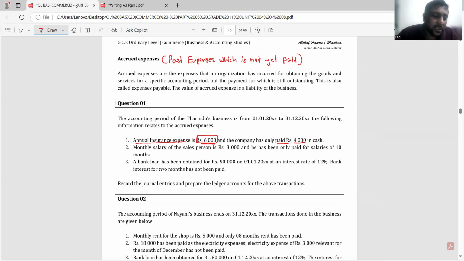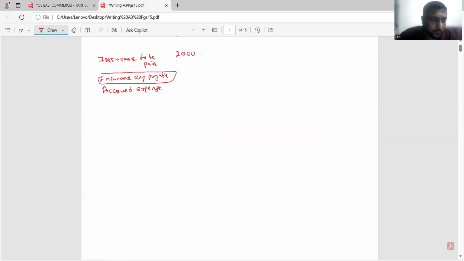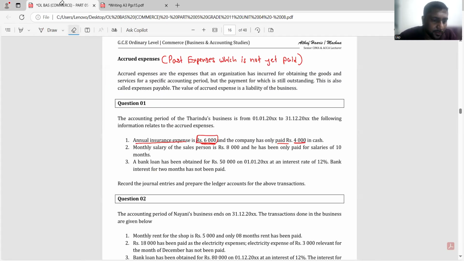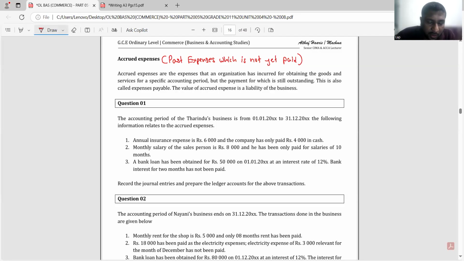So here in this question, what are they asking? Record the journal entries and prepare the ledger accounts for the above transactions. So let's do one by one. First transaction. Let's record the cash paid amount, the insurance paid amount.